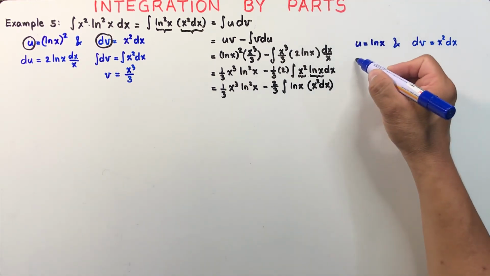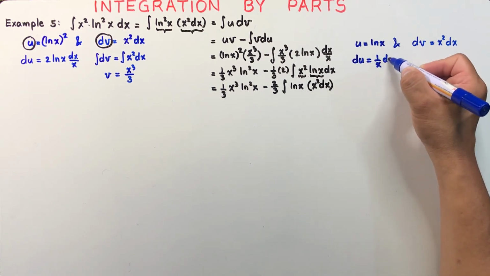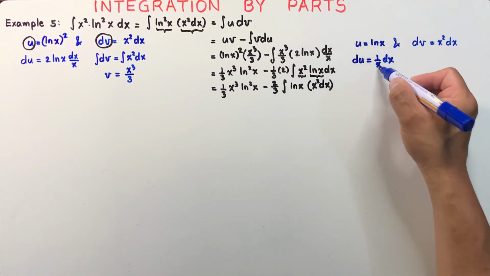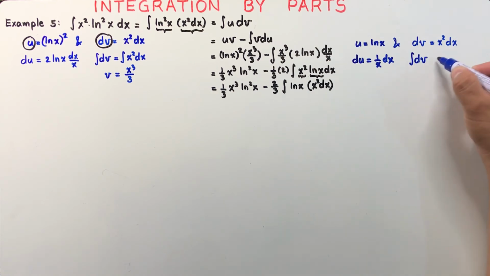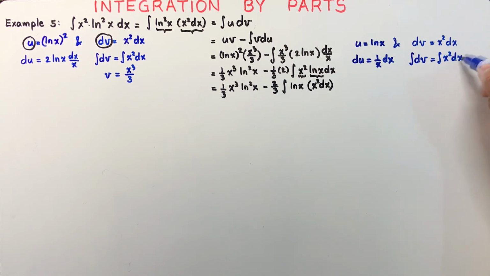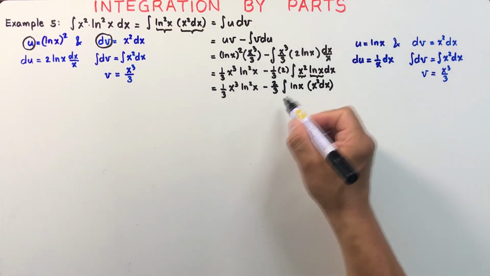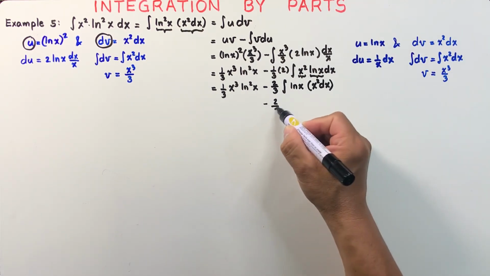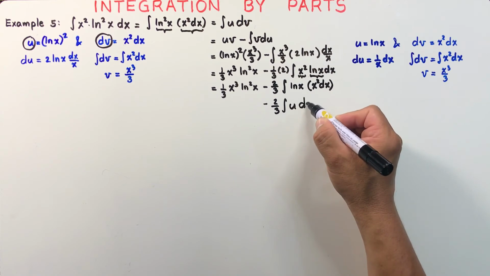So solving for our du, we have 1 over x dx because the derivative of ln x is 1 over x. And for our v, we need to integrate both sides of the equation. So we have the integral of x squared dx. And we know that the integral of x squared is x cubed over 3. So instead of writing ln x, we have u, and instead of writing x squared dx, we will write dv here.